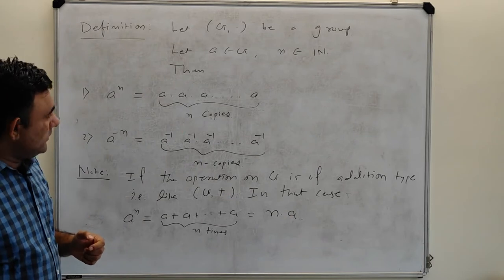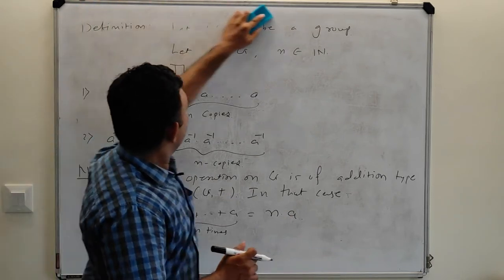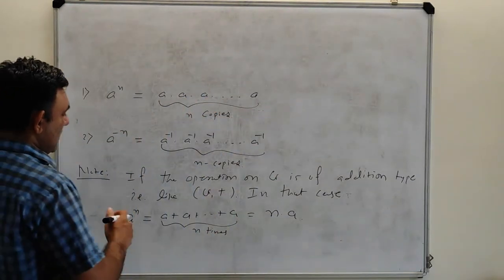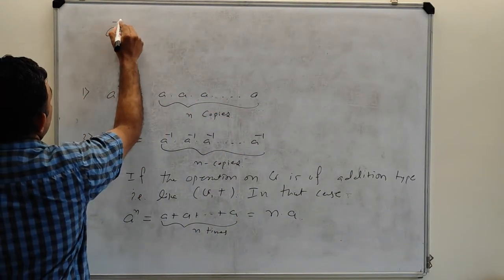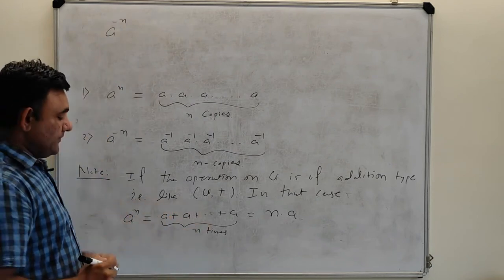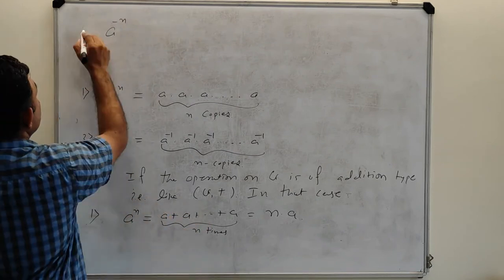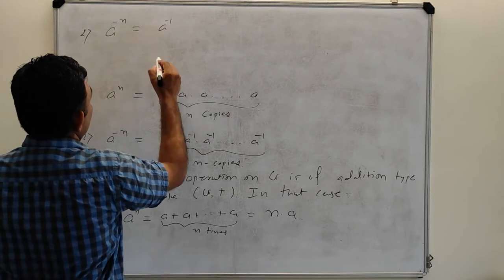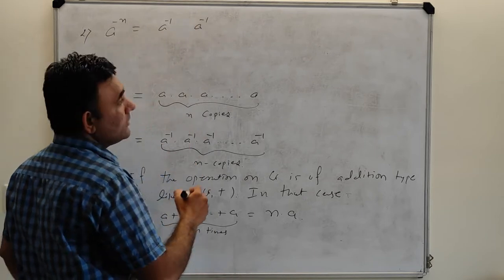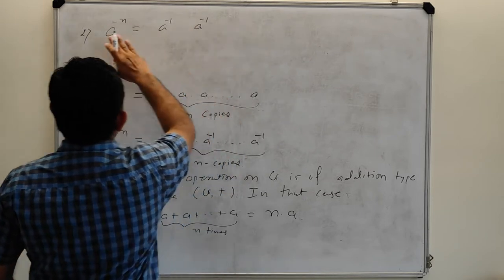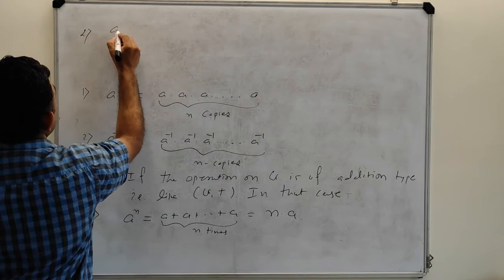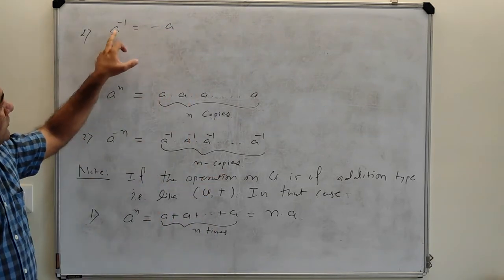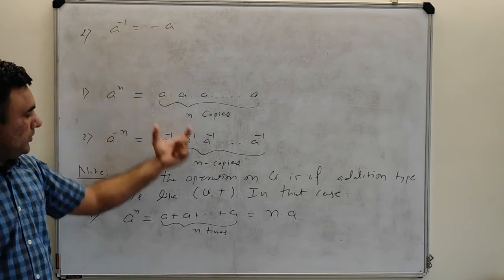Okay, and we can talk about a raised to minus n also in the same case. So this is my first thing and this is second thing. So a raised to minus 1 means what? Minus a. I will write inverse of a like this when our group is of addition type.